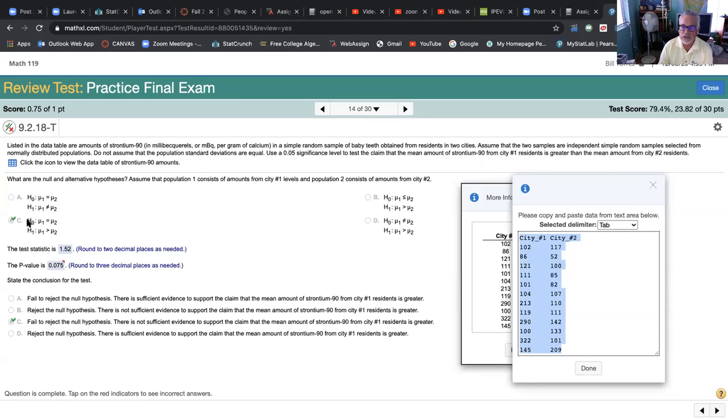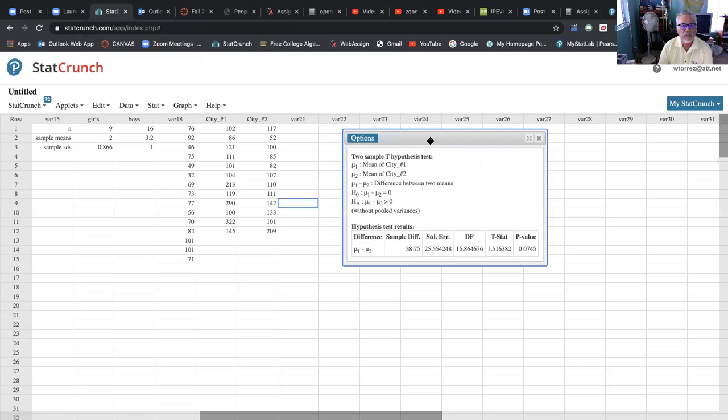So the correct answer here is C. Okay, now we can go into StatCrunch. So we'll copy and paste our data right into StatCrunch. And here you see it copied and pasted right into StatCrunch.